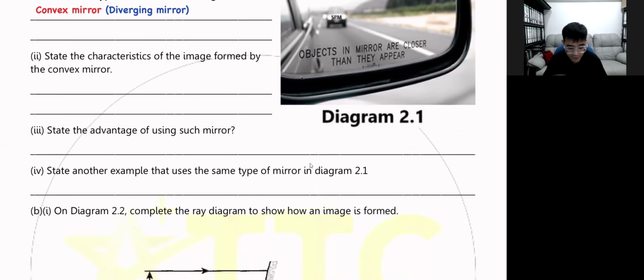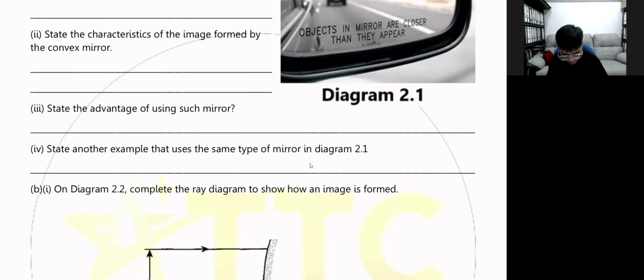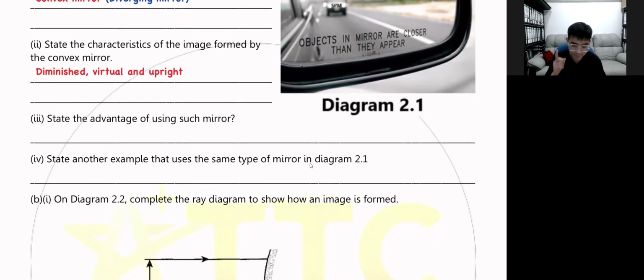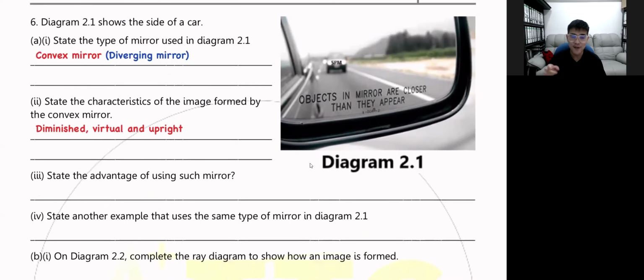Even though it produces a smaller image, diminished, virtual, and upright, it spreads out the light rays. The word diverge means it will spread out the light rays. So when light rays are reflected by this type of mirror, they will spread away.